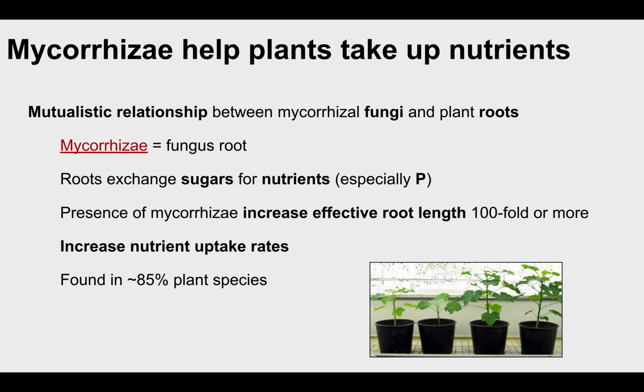The fungi are really good at seeking out nutrients, right? Especially phosphorus, right? Phosphorus is often a limiting nutrient. And the fungi will give the plants phosphorus in exchange for some of the sugars that the plants have made through photosynthesis. All right, so they get to trade resources with one another.